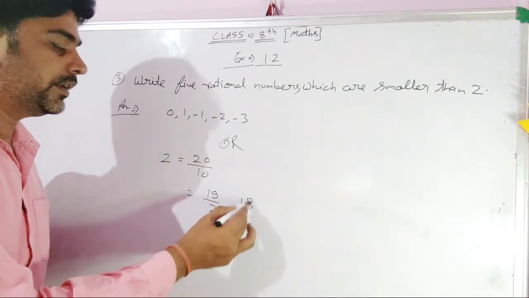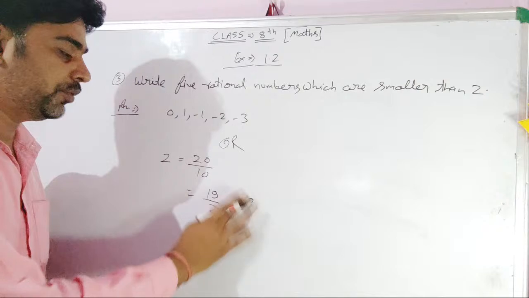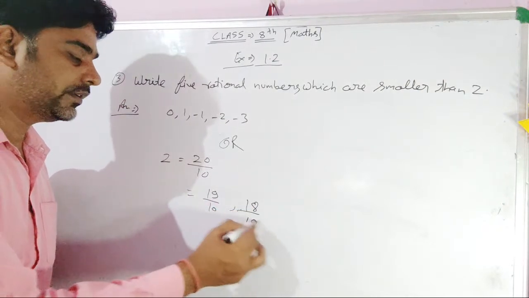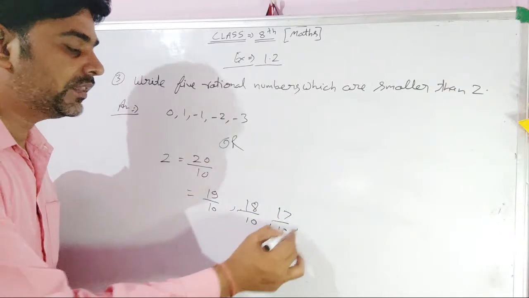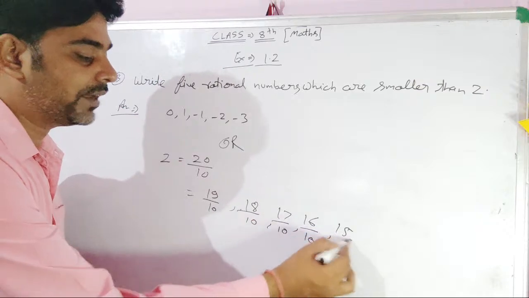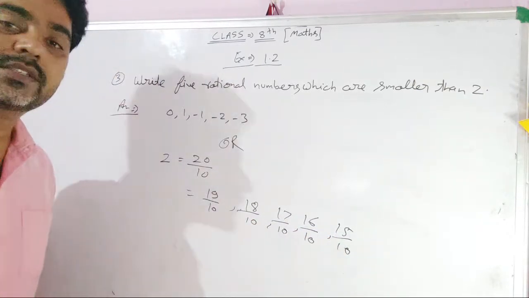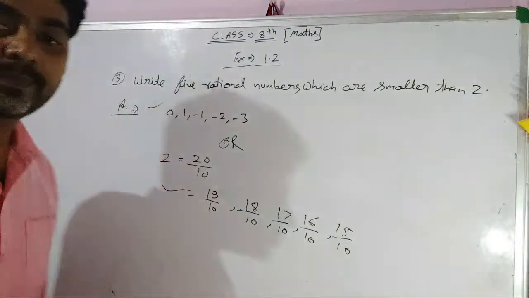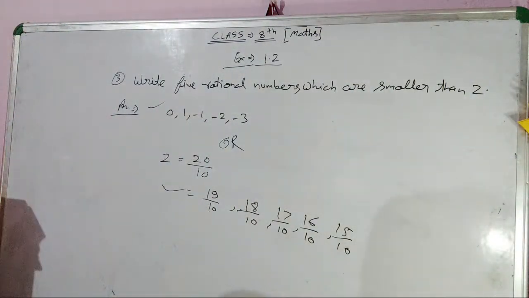Similarly 18 upon 10, 17 upon 10. All these numbers are less than 2, so these are 5 rational numbers which are smaller than 2. Each student may have a different answer, right? So now you can write 5 rational numbers smaller than 2 very easily.